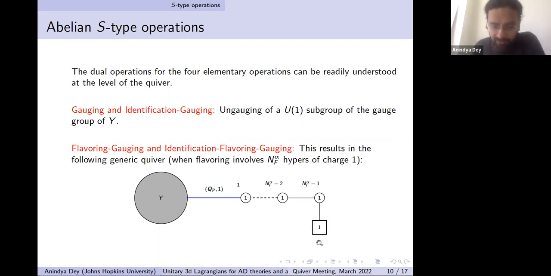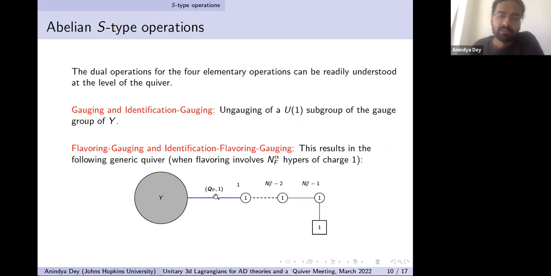Okay, so these are the 2 subquivers, and these are connected by a single abelian hypermultiplet, which is charged 1 under this U1, and can have a charge Q under, and is described by a charge vector Q under various unitary gauge groups that Y may have.